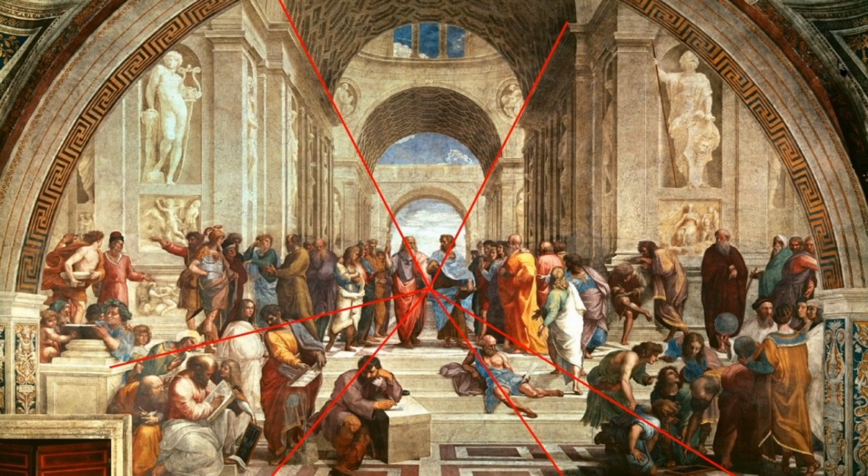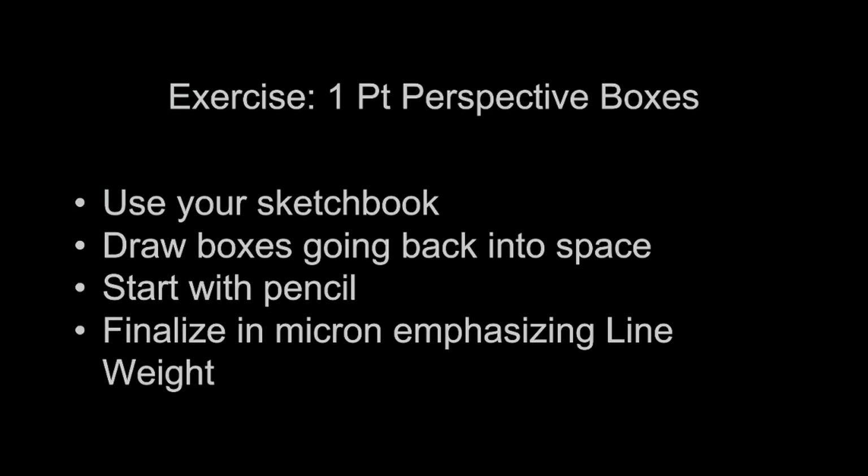Once we figured this out, people were off to the races. They were doing a lot more complex paintings. The Renaissance gets really wild with one-point perspective and two-point perspective. So that's the basics of one point.